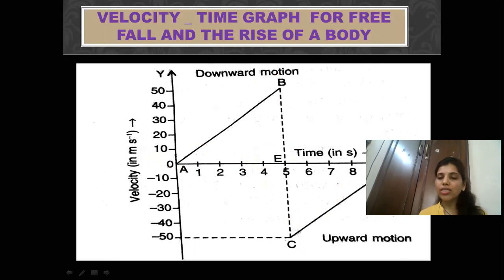You can see that with respect to time, when the time is 5 seconds, the velocity is 50, and after that it bounces back, and that's why the velocity decreases and becomes zero. So that's why it is in negative coordinates.